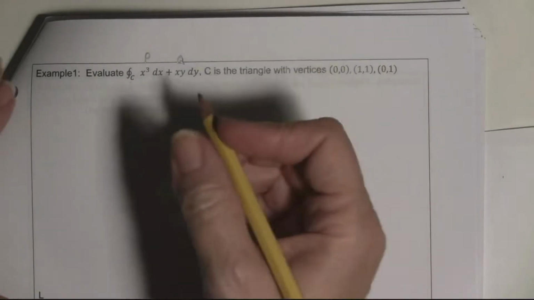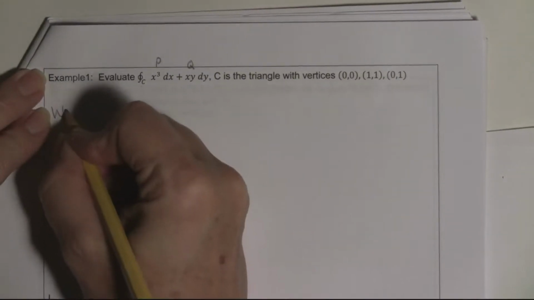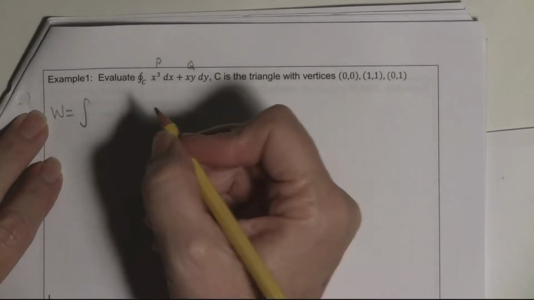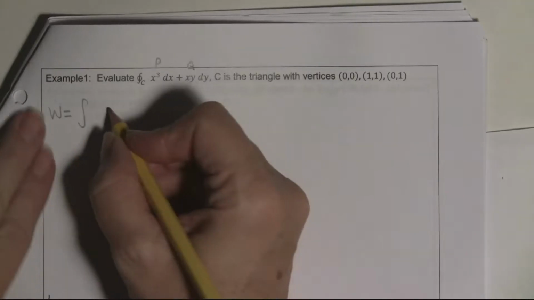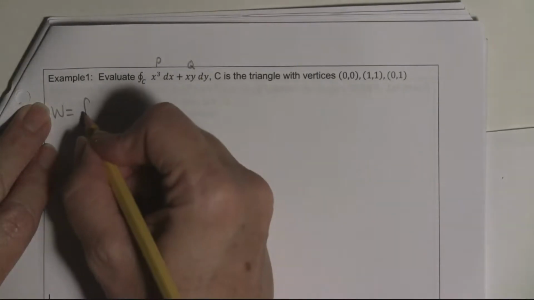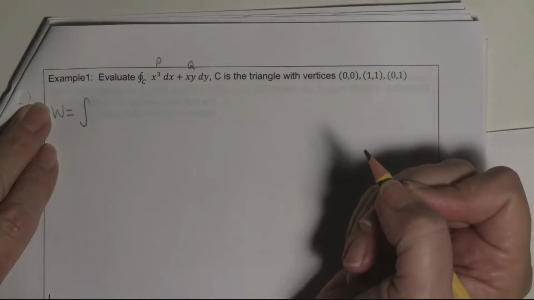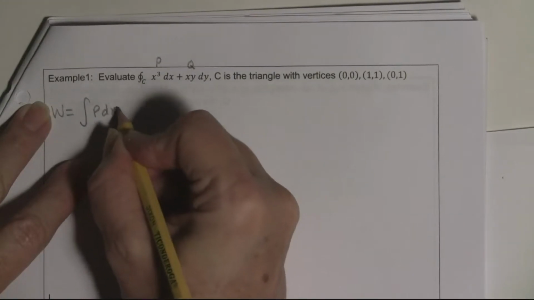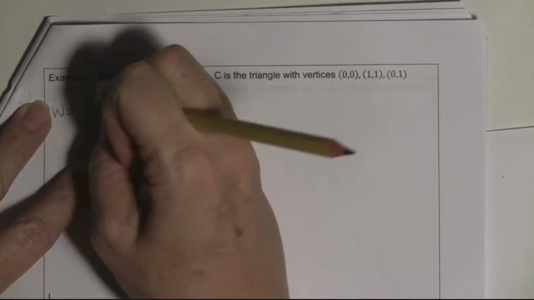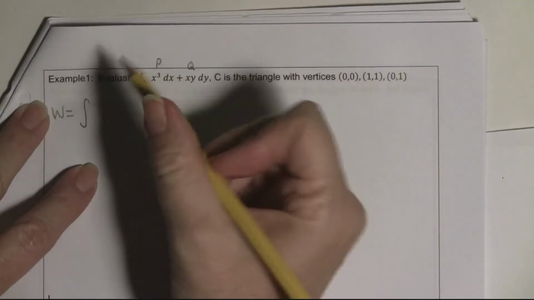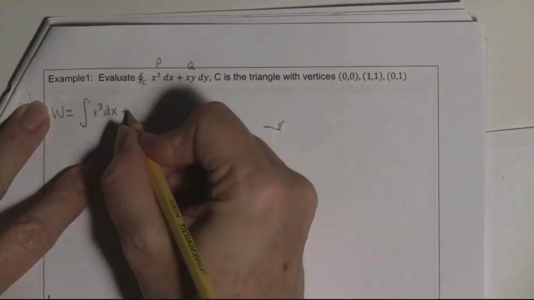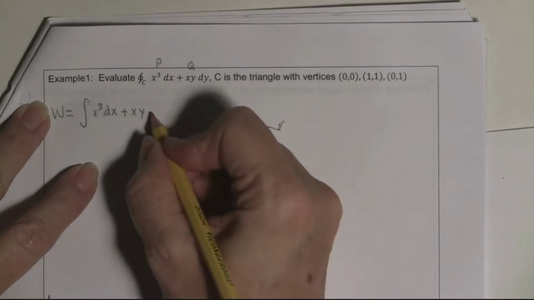And so when we set this up, this is some kind of work, remember, so I'm going to call it work. This is going to be the integral of P dx plus Q dy.